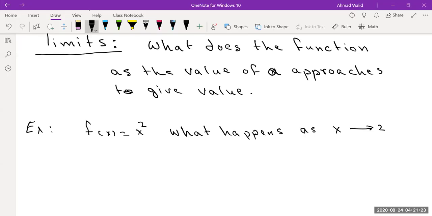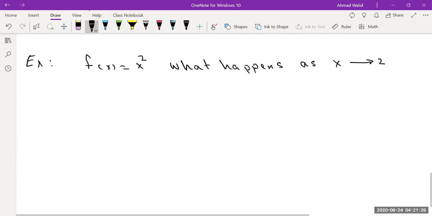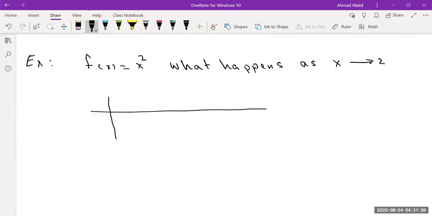What happens if x approaches 2? Let's see. This is actually a limit problem. To answer this question, I need a table. I will draw a table like this. Here I will write x, here always f of x. This number 2, I always put it in the middle.